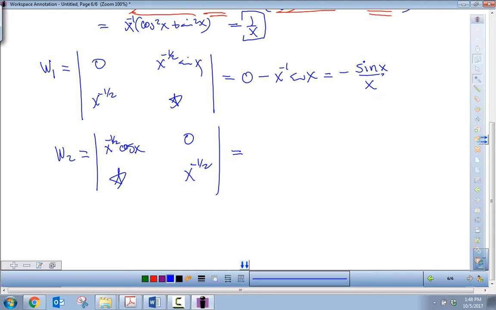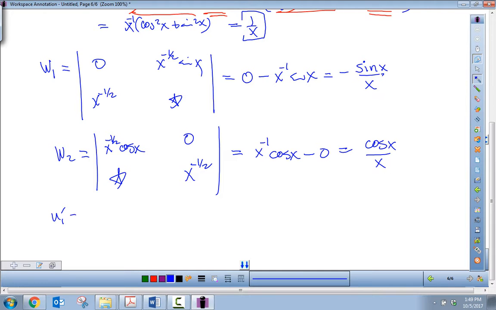When you multiply it, you get x to the negative 1 cosine x minus 0. So when you divide this by 1 over x, the 1 over x will disappear, right? The reciprocal business. So that'll make our integrals a lot easier. Wow, this is going to be easier than I thought.